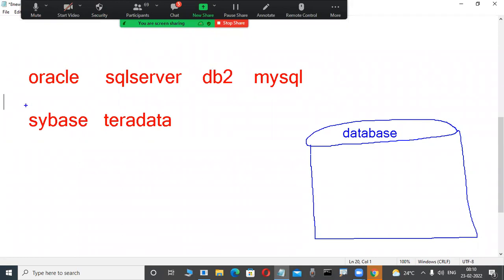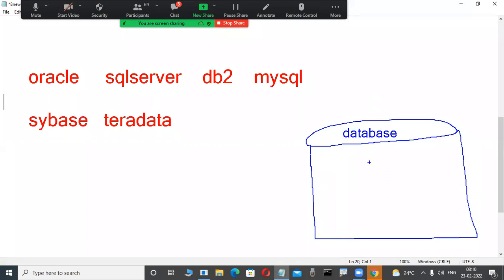Whenever we install software like Oracle, SQL Server, DB2, or MySQL, which are later called DBMS software but at first database software, some place is created and reserved in your computer system. This place is called a database. A database is a place where we can store data.